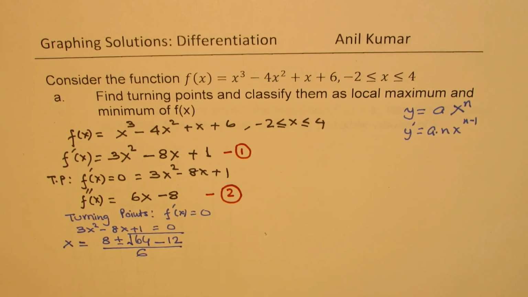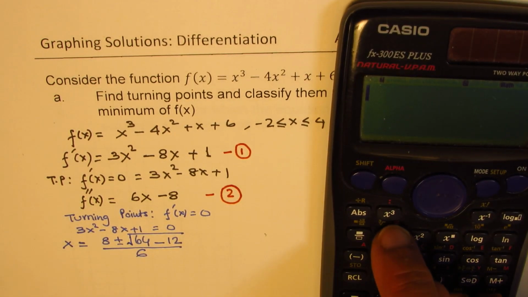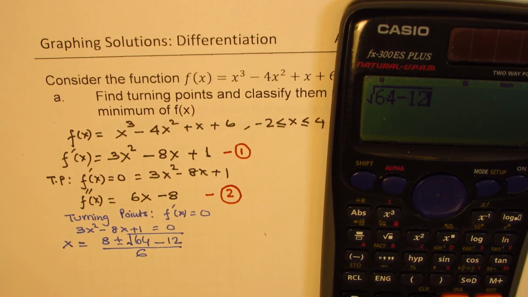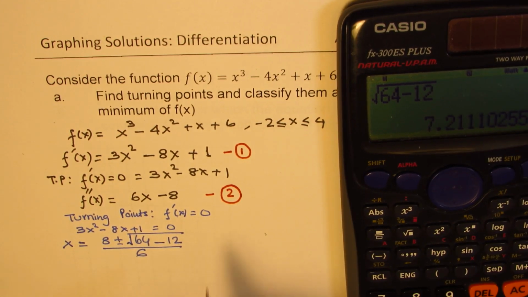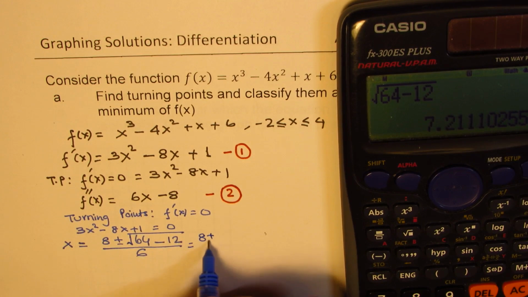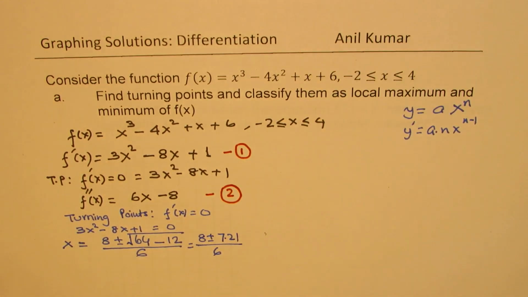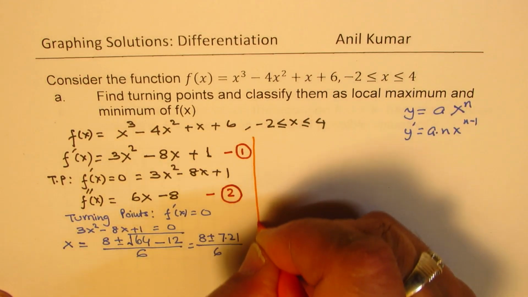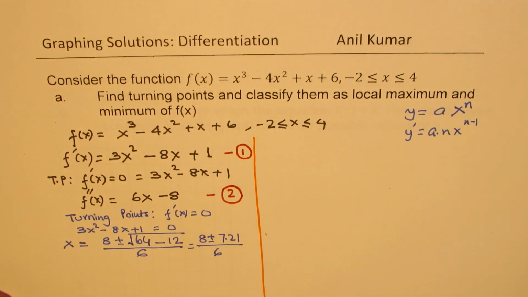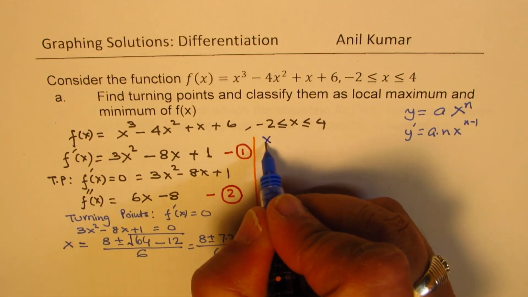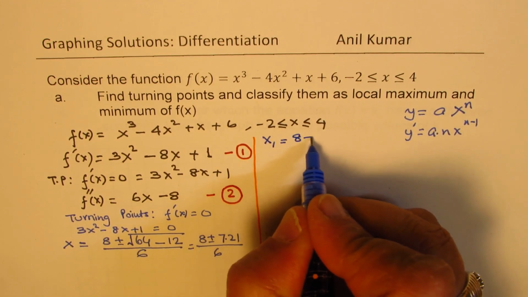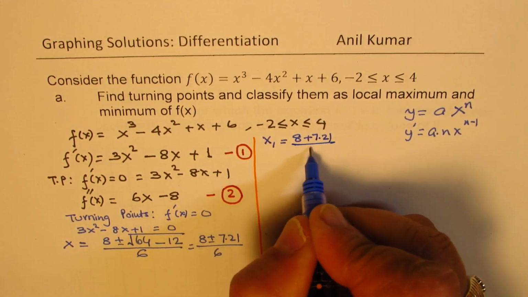Now let's use the calculator to figure out these values. Within the square root, I have 64 minus 12, which is equal to 2 square root 13. Let's take a decimal value, 7.21. So we get this as 8 plus minus 7.21 divided by 6. What I'll do here is calculate two values on the right side, and then we'll analyze them. One value, let's say x1, is 8 plus 7.21 over 6 approximately.